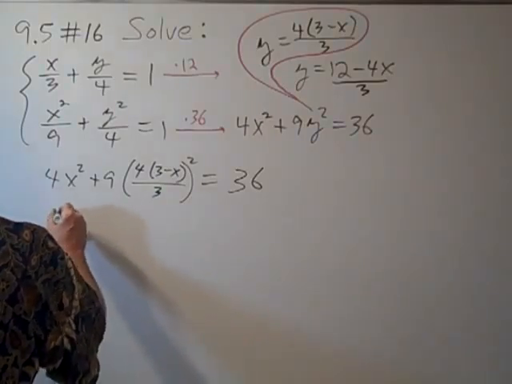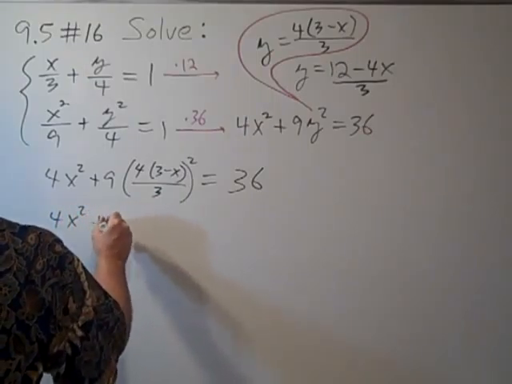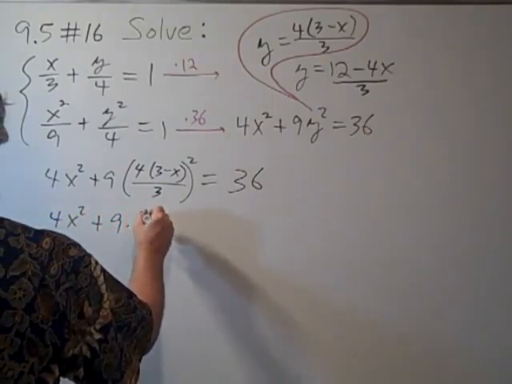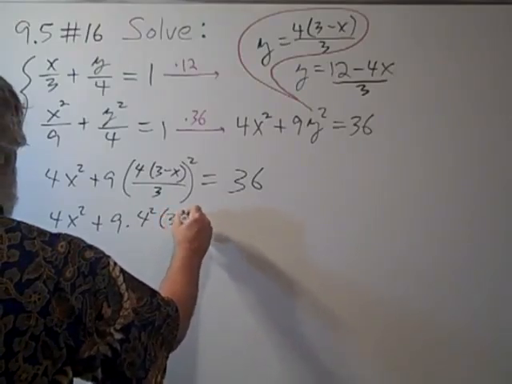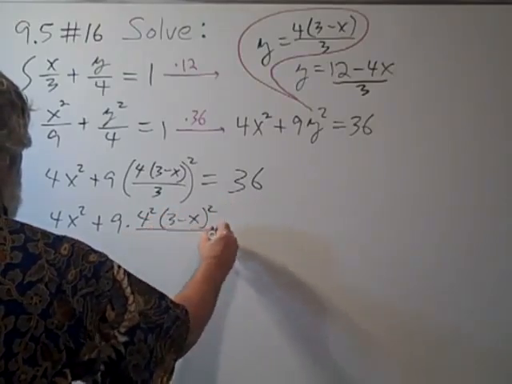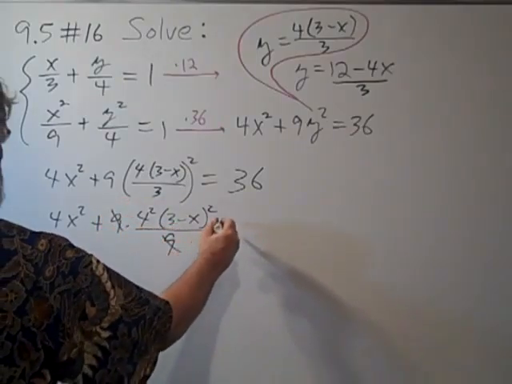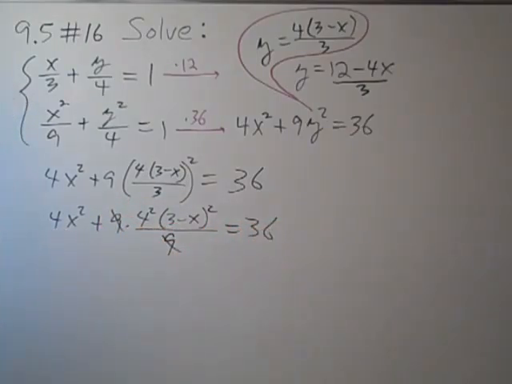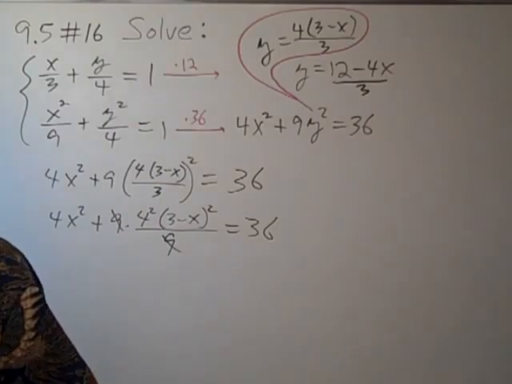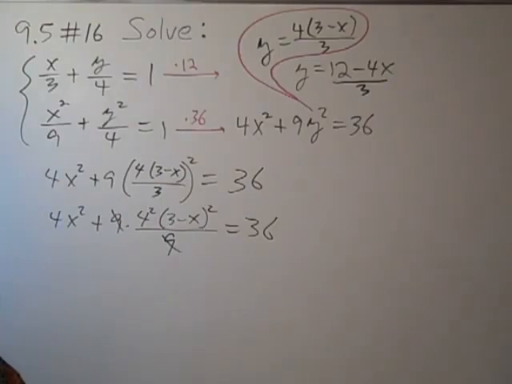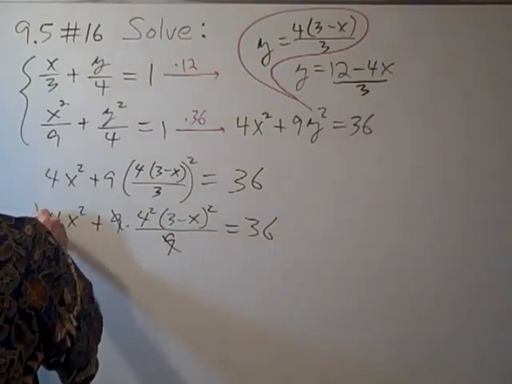And so we get 4x squared plus 9 times 4 squared times (3 minus x) squared over 3 times 3, which is 9. Notice these 9's cancel. So let's divide both sides by 4, or rather multiply both sides times a fourth, to simplify things a little bit.